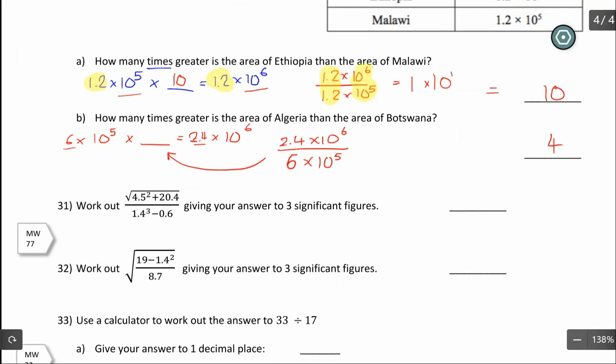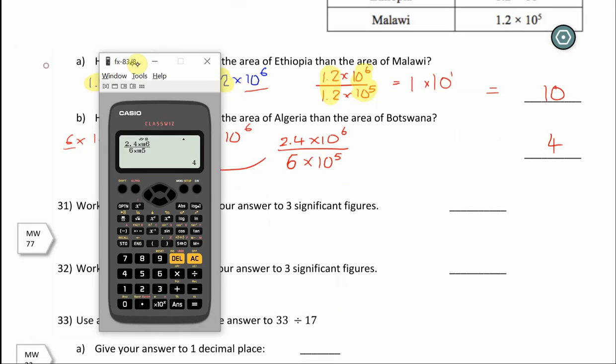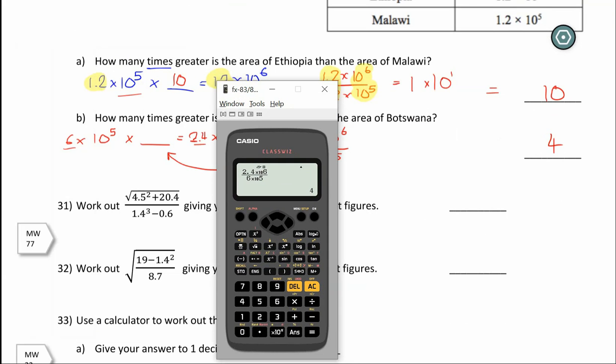Okay, question 31, work out this, giving your answer to 3 significant figures. So it's just testing your ability to put things into your calculator. Now, if you've got a live display calculator like this, what that means is that you can actually make it look like what we've got here.